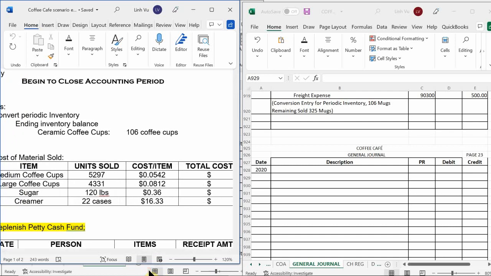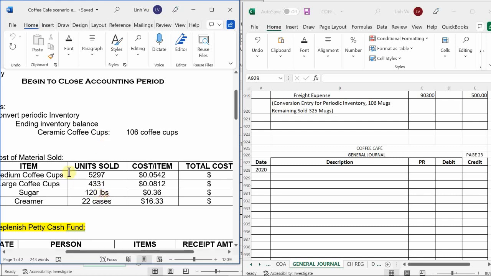You can solve this by going into your general ledger and using the equal sum formula, because we kept a track record of how many cups we sold for each coffee cup. But I've already done the work for you, because our job isn't to count how many cups we sold. Our job is to see what we have here and adjust our supplies accordingly.